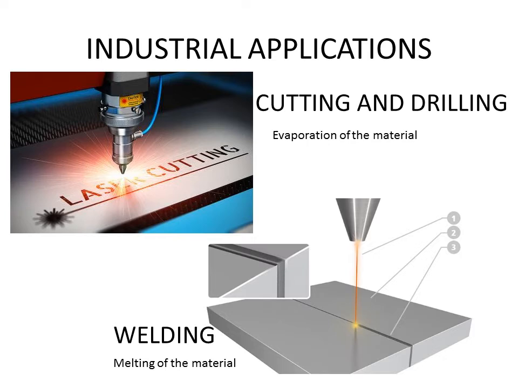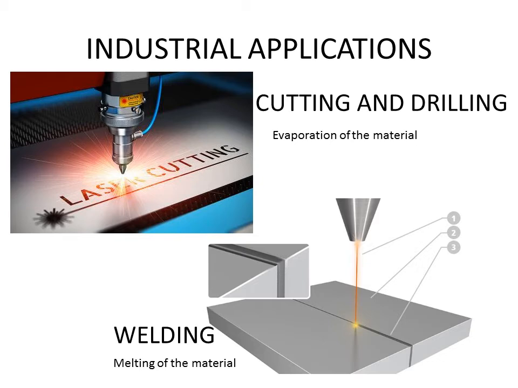And the same is the idea behind using laser for cutting. You just have to move the laser head this way along the direction in which you want to make the cut. So both for cutting and drilling, it is the evaporation of the material that is taking place.